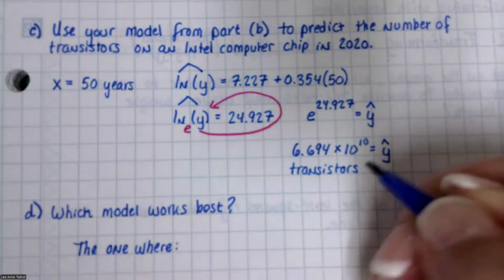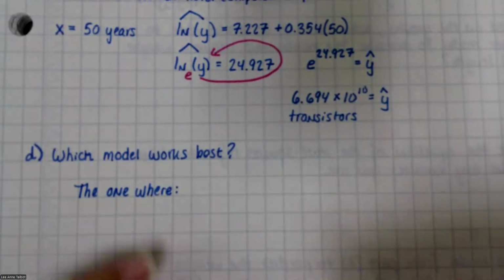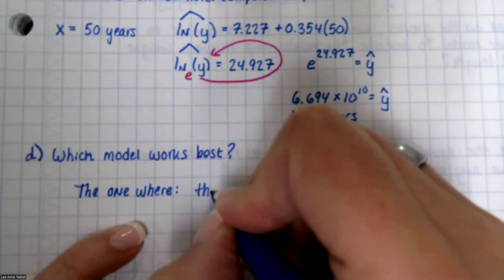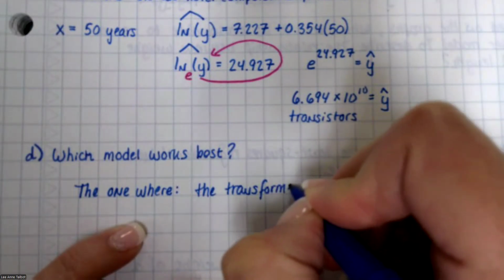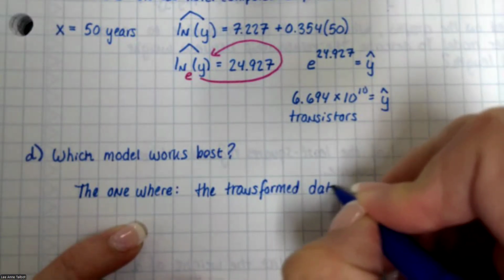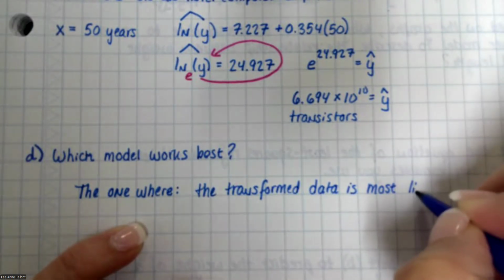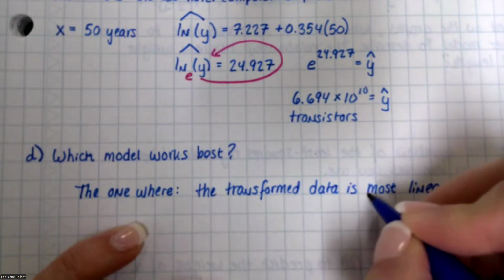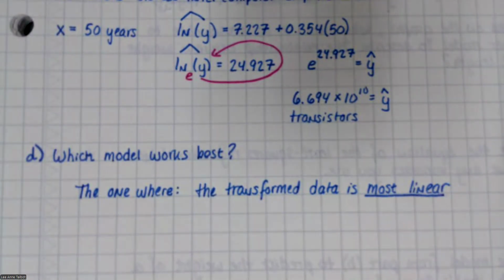There's two things you want to look for, and it's not really going to be that shocking. Pick the one that looks most like a line. Duh.